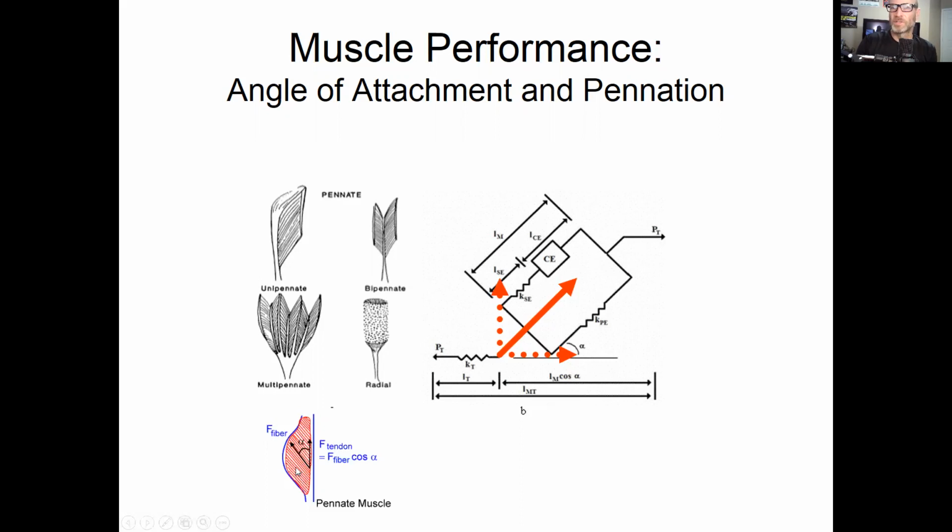And it's important to understand how pennation angle does influence muscle force. Now, we focus on that more in biomechanics and physiology because it has to do with the direction of the force vector generated by the muscle fiber. And that's what this model here represents.